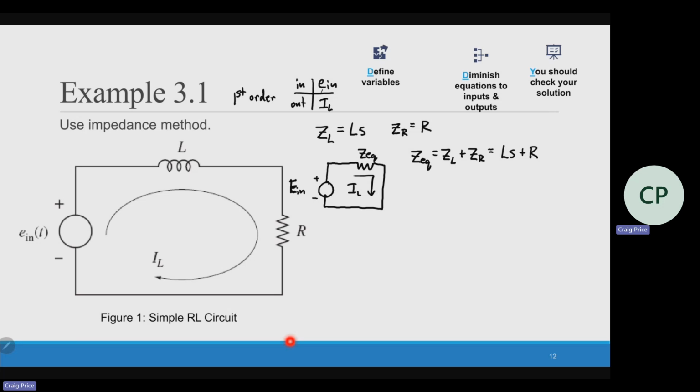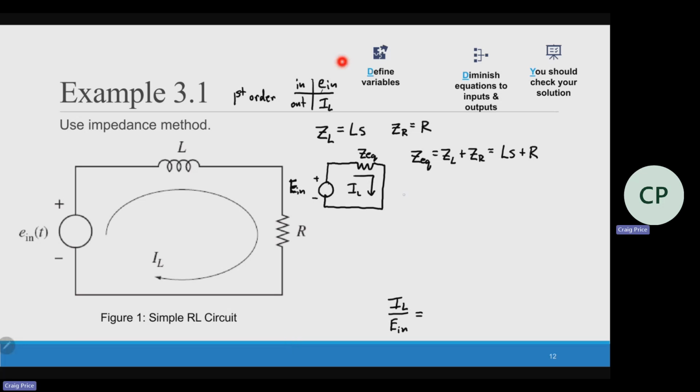Now when I'm looking at this problem here, the relationship between En and IL, my ultimate goal is, because input is En, output is IL, I want a transfer function. The end goal is to get output over input. So what is that?